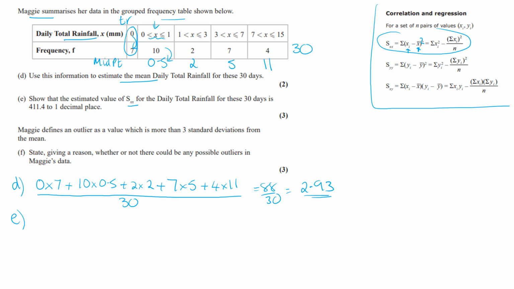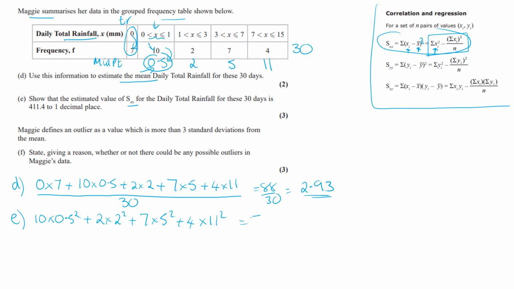and then you square them. But we can use this version of the way to calculate it by doing the sum of the squares. So this is the thing that we need to square, and then we've got 10 of them. So you need to do 10 times 0.5 squared plus 2 times 2 squared plus 7 times 5 squared plus 4 times 11 squared.